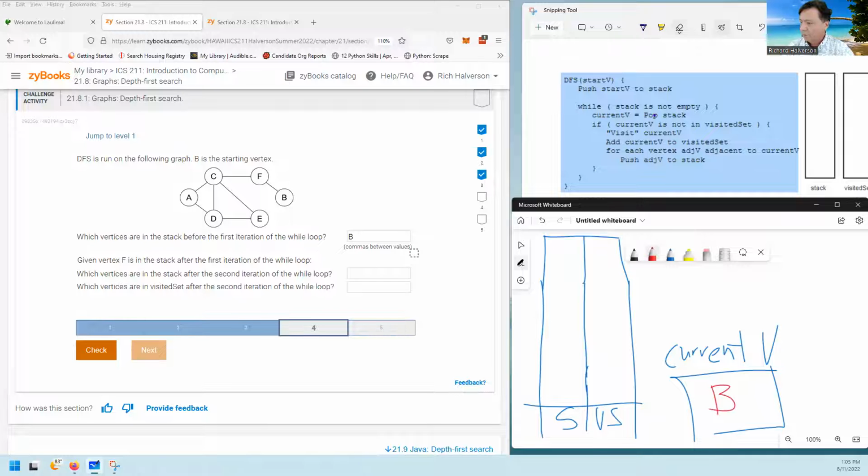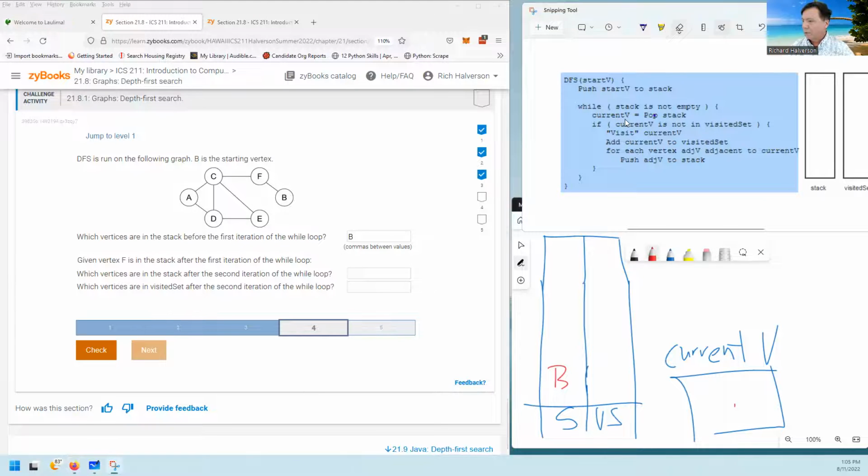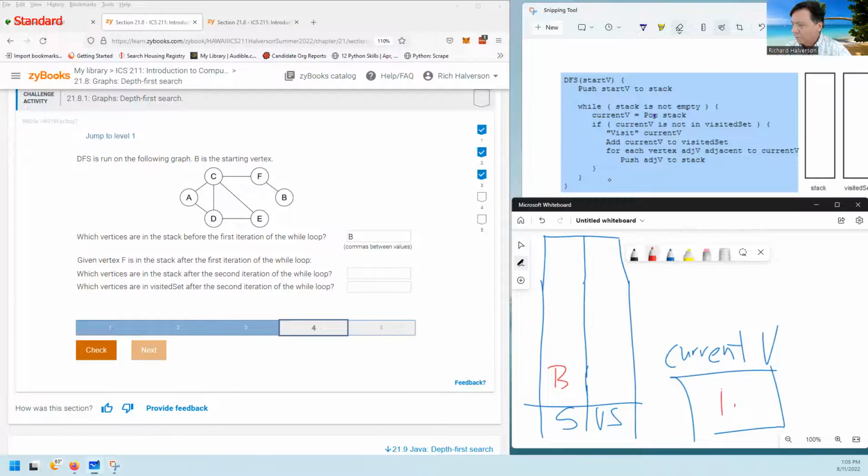So the vertex before the first iteration of the loop is B. Then once we iterate the loop, we pop B off the stack and put it into current V. So B goes into here and gets popped off.